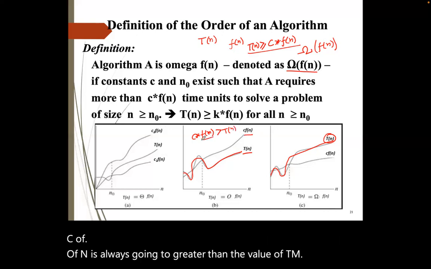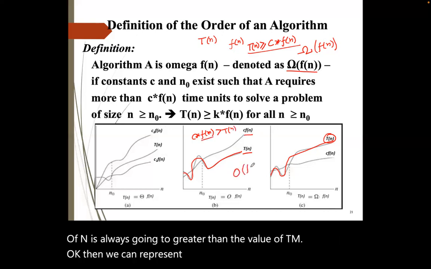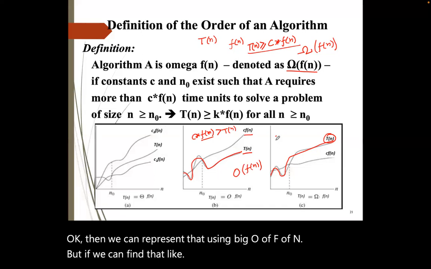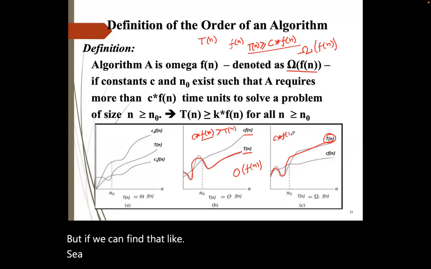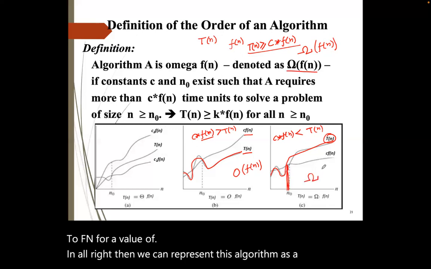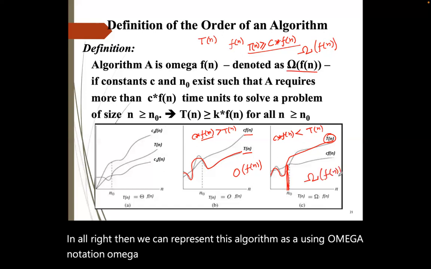Then we can represent that using big O of f(n). But if we can find that c of f(n) is always less than T(n) for a value of n, then we can represent this algorithm using omega notation, omega of f(n).